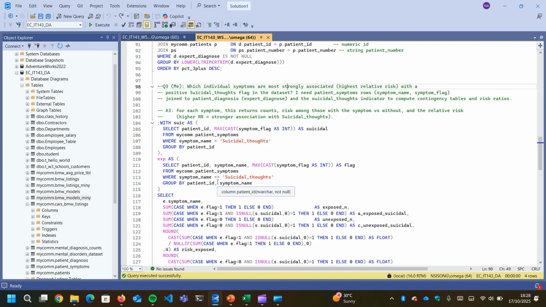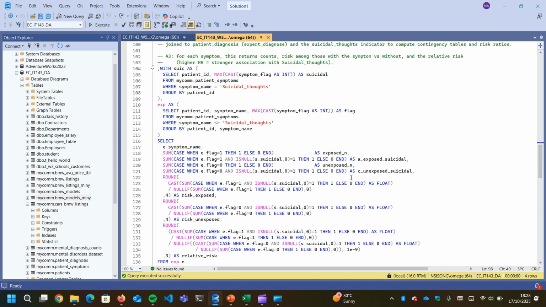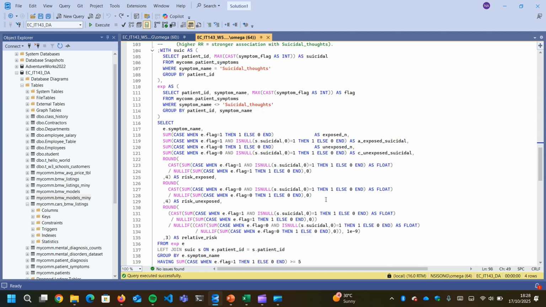This is it. So I built contingency tables first, comparing patients with and without each symptom against their suicidal status. Then computed the risk exposed, risk unexposed, as you can see here, and relative risks.